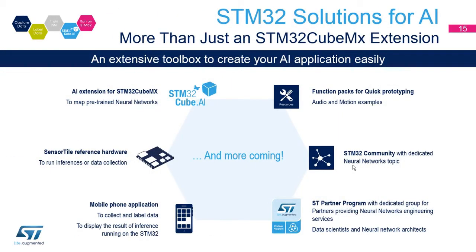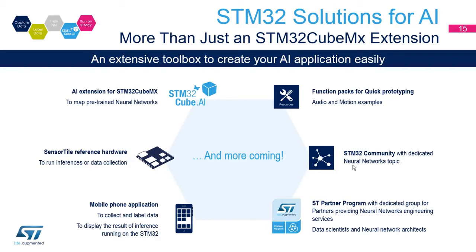So to summarize what ST is offering today for AI support. First of all, the Cube.AI, the tools we will show you today and practice together. Some hardware reference boards, like the SensorTile or the IoT nodes you have in front of you. A mobile application to help you configure this board.